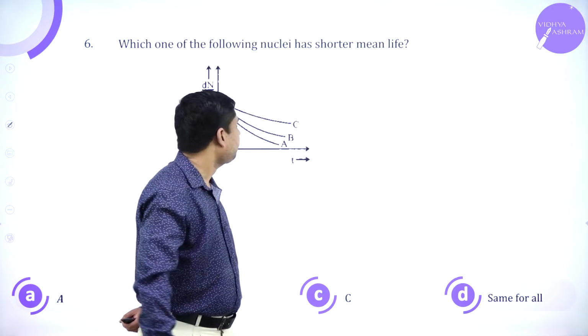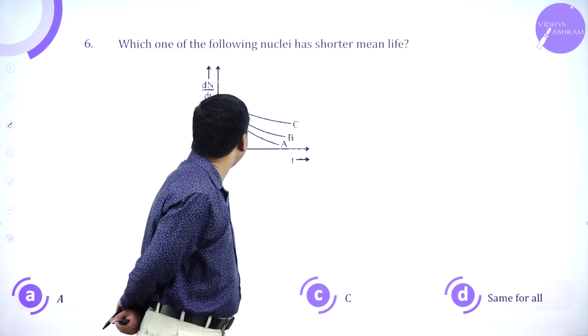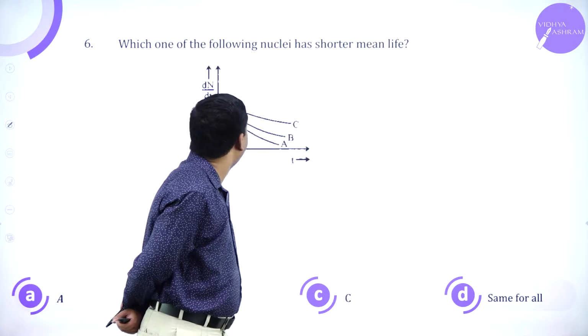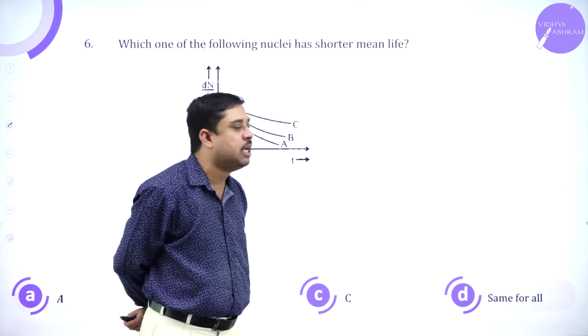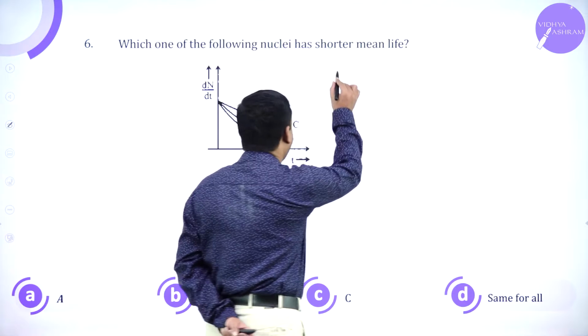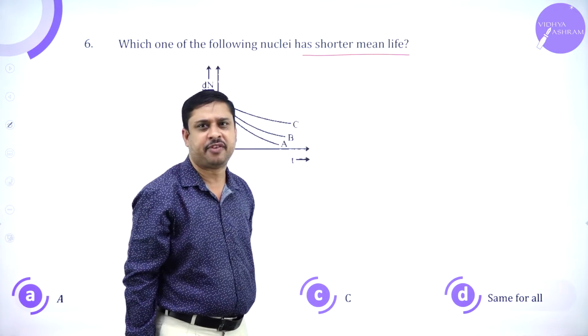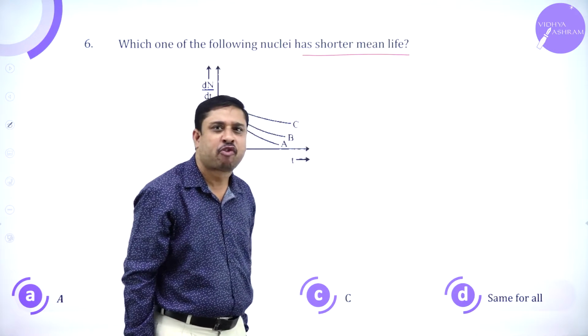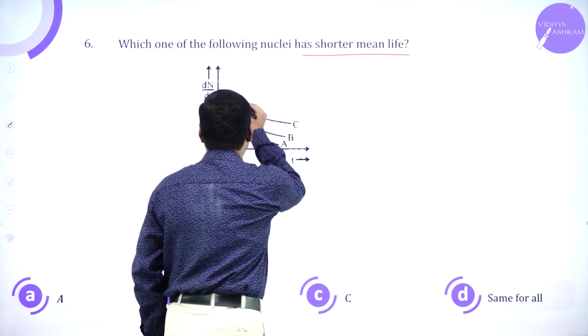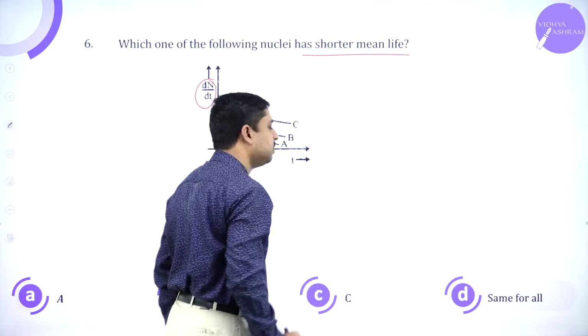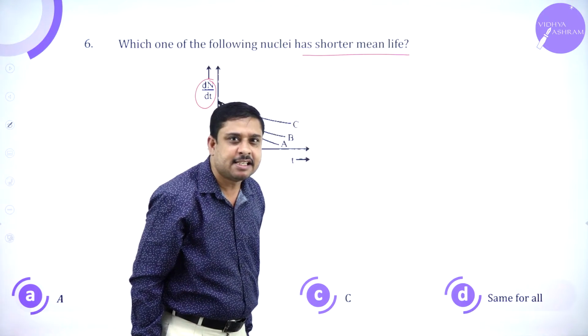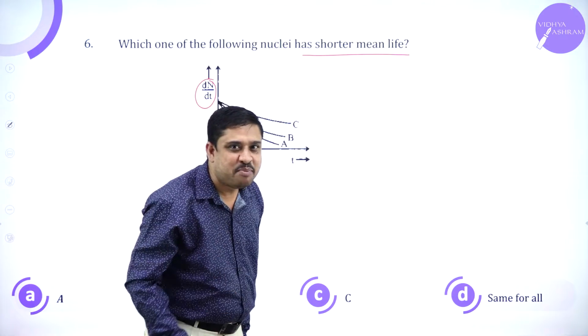Next one. Which one of the following nuclei has shorter mean life? They have given some graph, dN by dt along y-axis. What is dN by dt?